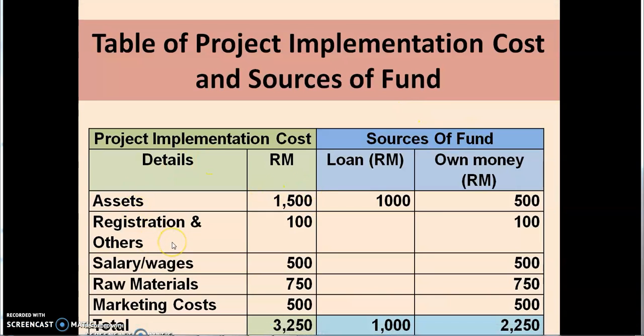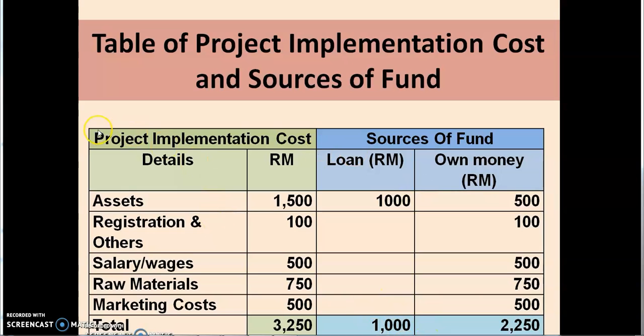So here the total amount of project implementation cost is 3,250, and this 3,250 will be financed by the owner's own money, which is 2,250, and the remaining balance of RM1K will be financed by the loan that has been made by the owner.